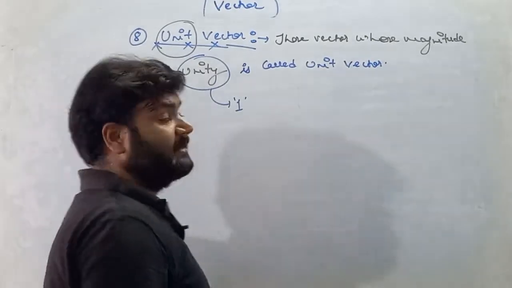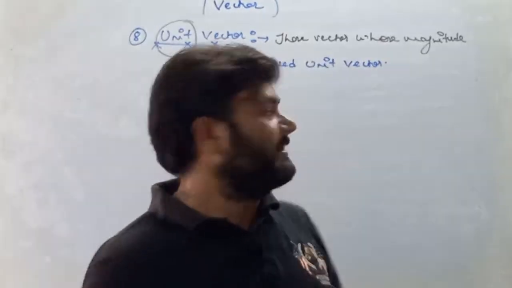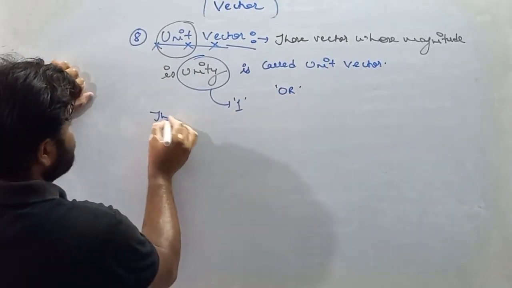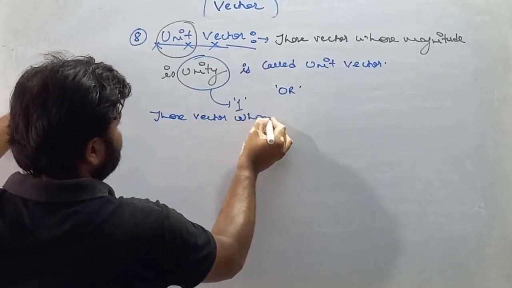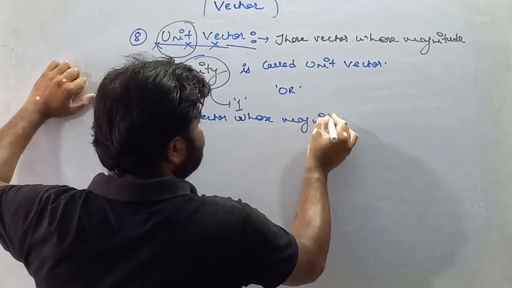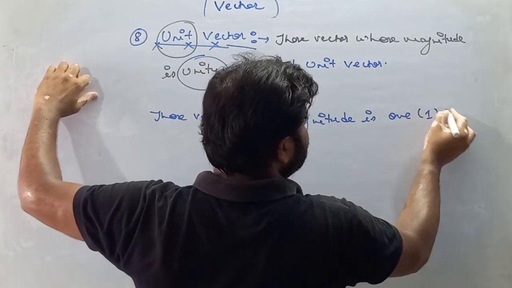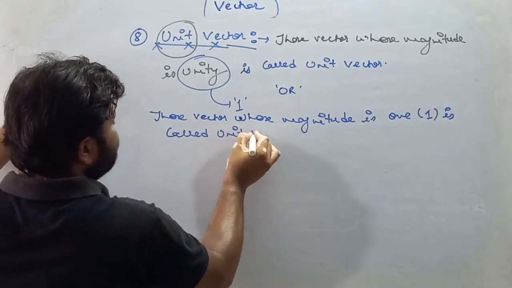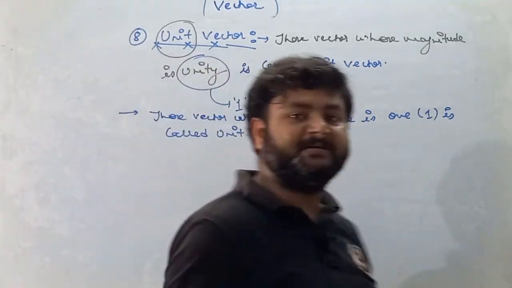So those vectors whose magnitude is 1 are called unit vector. I'll write one more definition of unit vector. Those vectors whose magnitude is 1 are called unit vector. So remember this thing, beta.